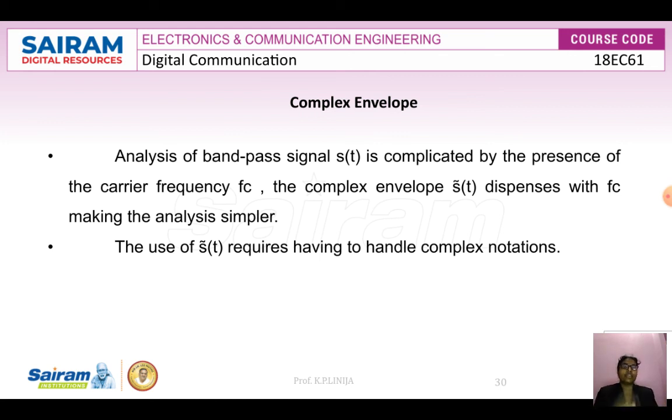For that, we introduced the idea of a complex valued signal, and we also differentiated it by introducing a complex envelope of the bandpass signal, considering the bandpass signal as a narrow band signal. We call a signal a narrow band signal whenever the bandwidth 2W is small compared to the carrier frequency Fc. That concept is applied in the complex envelope.